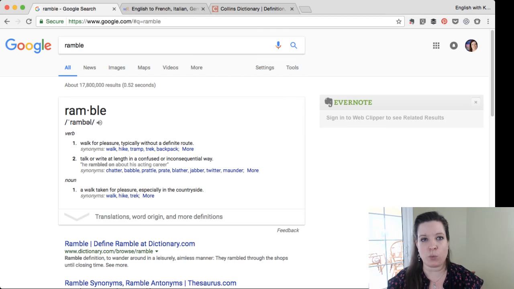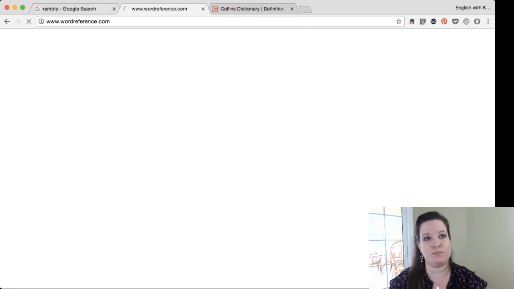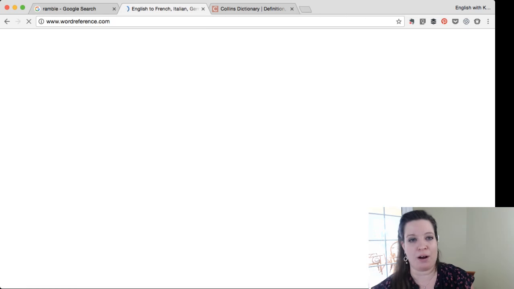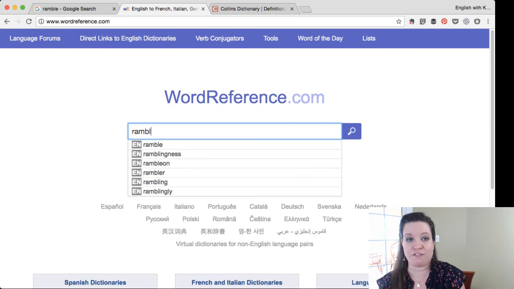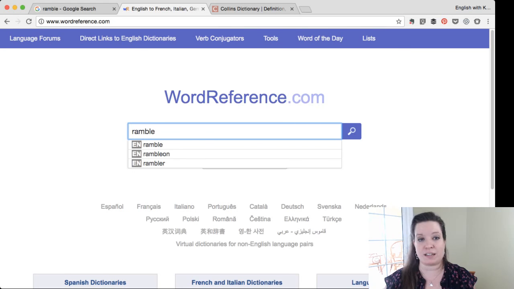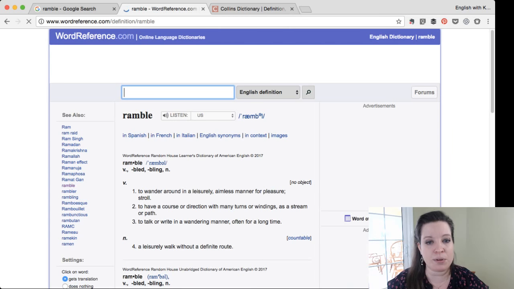So let's take a look. While we're looking at Google, let's look it up in wordreference.com. Wordreference.com is also one of my favorite websites. They have an app which I love and I use when I'm speaking in Spanish. So we look up the word ramble, and we have similar definitions here, right?